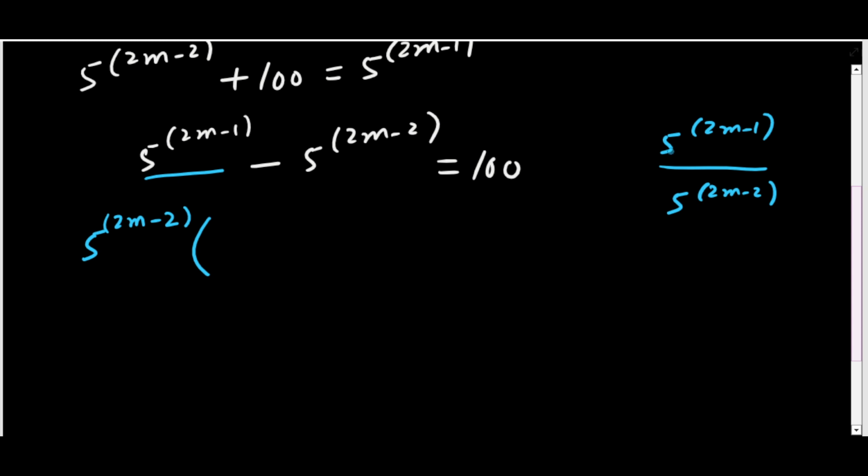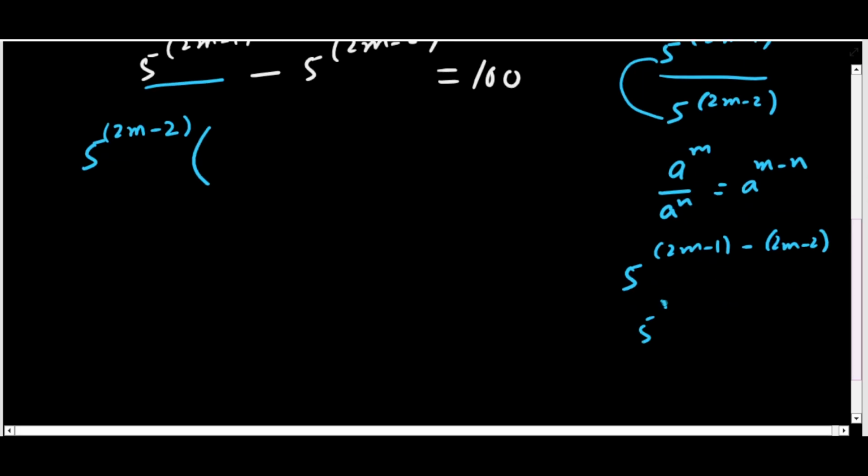So here the base is the same. For example, we have the base 5. As you know, there is a rule: a power m upon a power n we can write as a power m minus n, right? So similarly, we have the same base, we will subtract 2m minus 2 from 2m minus 1, which means 2m minus 1 minus 2m minus 2, right?